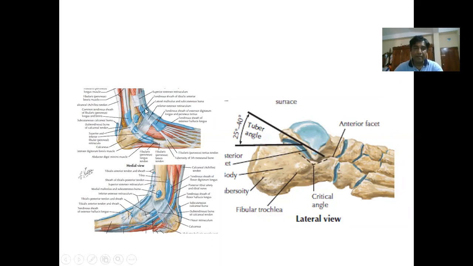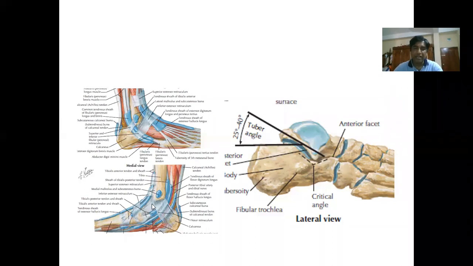If you see the anatomical tendons and other tendon sheaths, if you follow the lateral malleolus, there is some area of the lateral ankle that is devoid of any important structure. If you follow my cursor, this is it. Even on the medial part, some part of the talar area is also devoid of important structure.